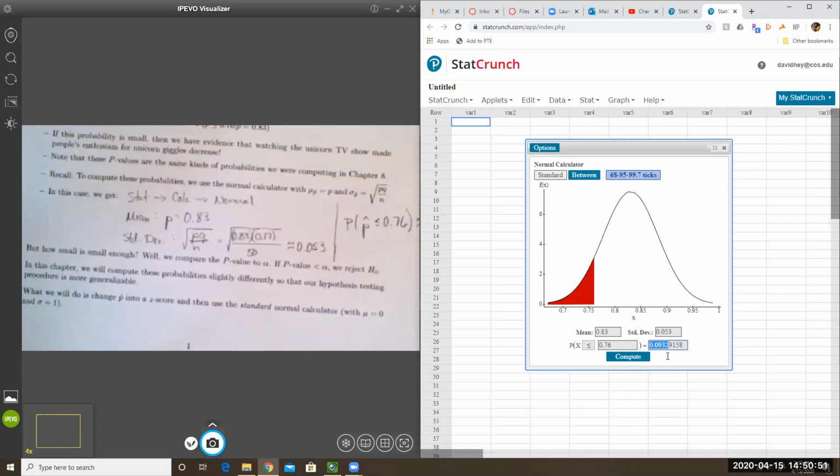Remember, alpha is the probability of making a type 1 error. It's also linked to confidence intervals, right? So for a 95% confidence interval, alpha is 0.05. That means that if you want to be 95% certain that you're not committing a type 1 error, your p-value needs to be less than 0.05. If you want to be 99% certain, then your p-value needs to be less than 0.01.